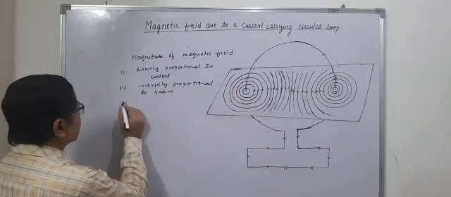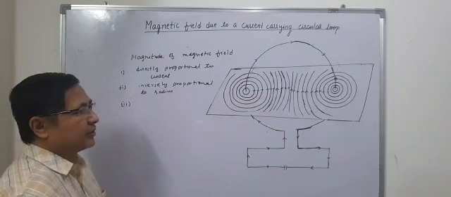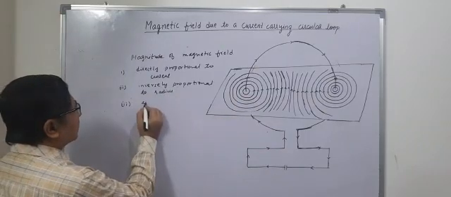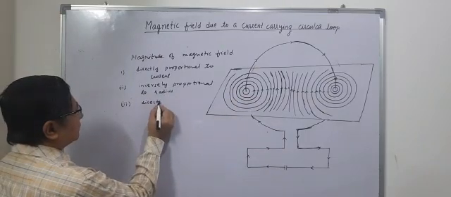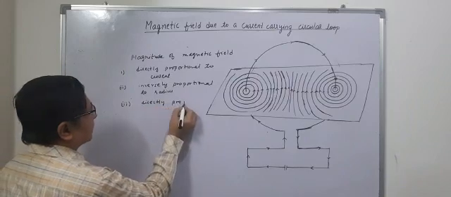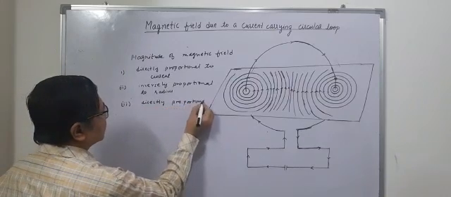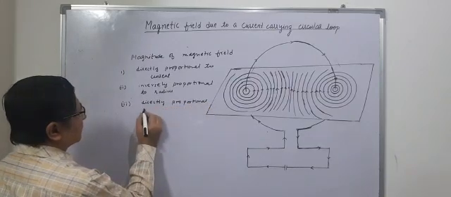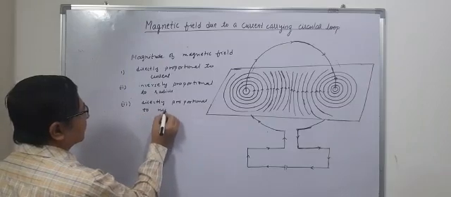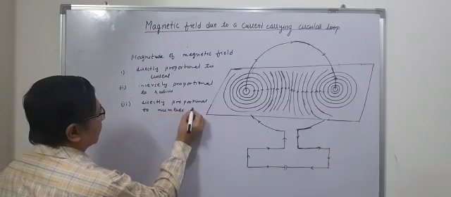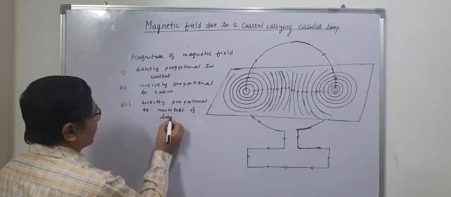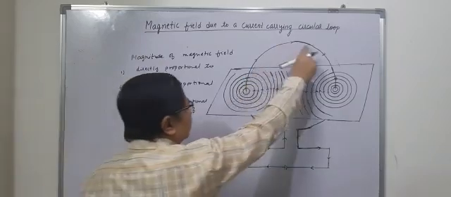Third is the number of turns, directly proportional to number of turns. Now this is one turn.